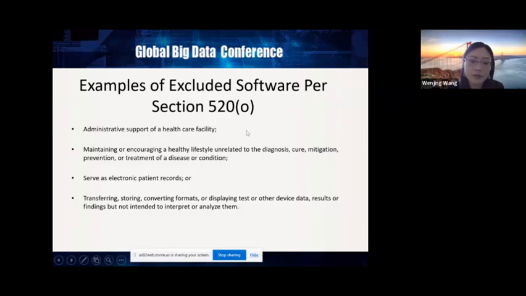If it's administrative support of a healthcare facility, or if it's maintaining or encouraging a healthy lifestyle unrelated to the diagnosis, cure, mitigation, prevention, or treatment of a disease or condition, then it's not covered by the definition of a medical device. Or if it's an electronic patient record, or if it transfers, stores, converts formats, or displays tests or other device data, results, or findings, but is not intended to interpret or analyze them, then those are also excluded.